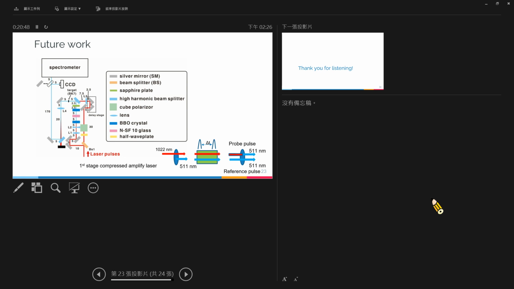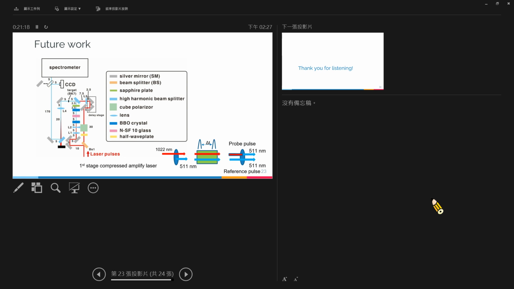The mechanism is that the central wavelength of my laser is 1022 nanometers. When it goes through the BBO crystal, it will generate a second pulse of 511 nanometers by frequency doubling, but they are still the same in time. So I need to give a time delay between these two pulses.